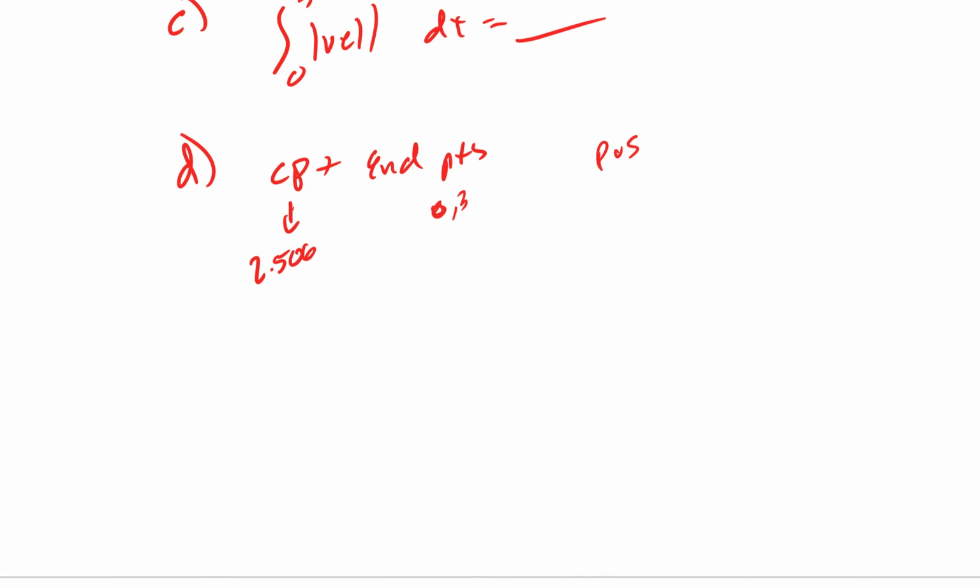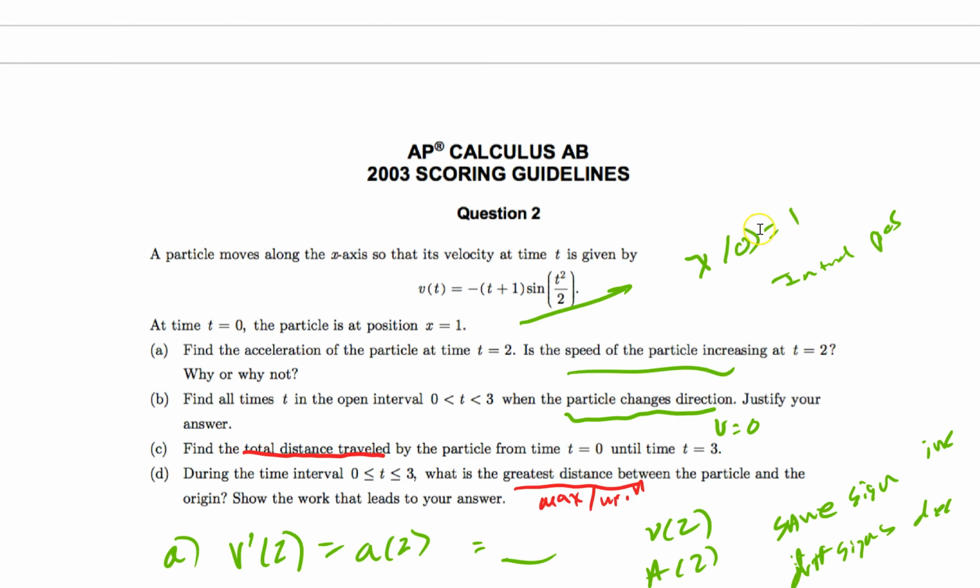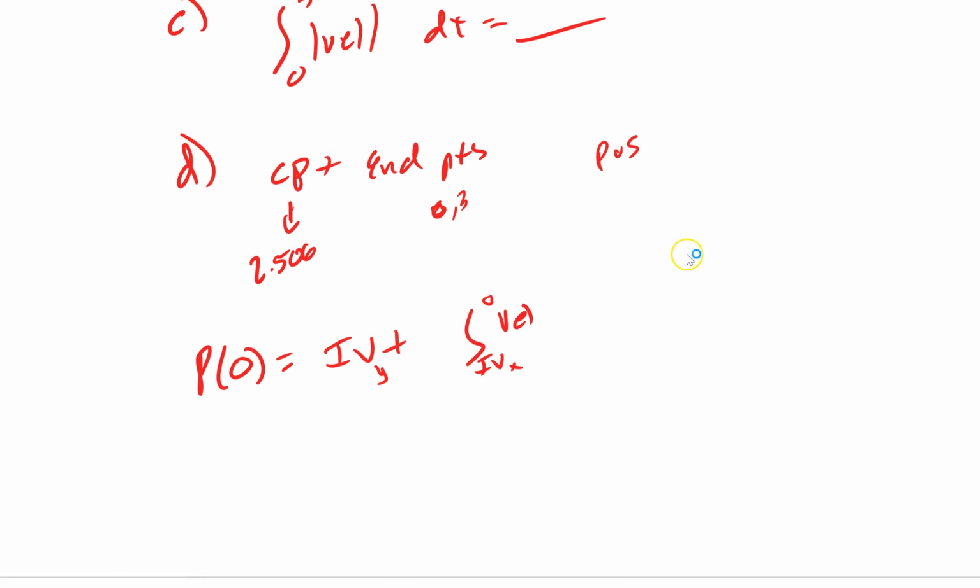So we have to do that special formula where we go, okay, if I want the position at 0, it's the initial value plus the integral from my initial value to 0 of velocity. My initial value they gave us was 1. So this is 1 and that's 0. So my initial value is just 1.